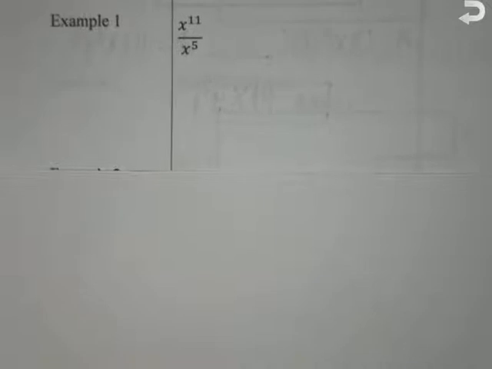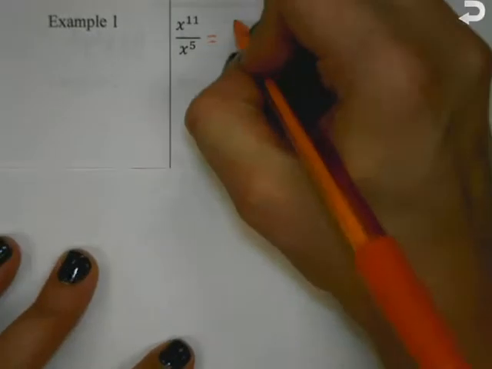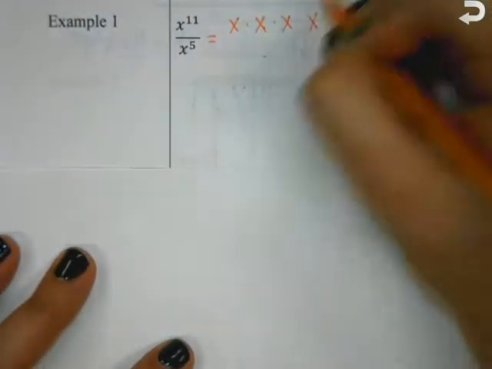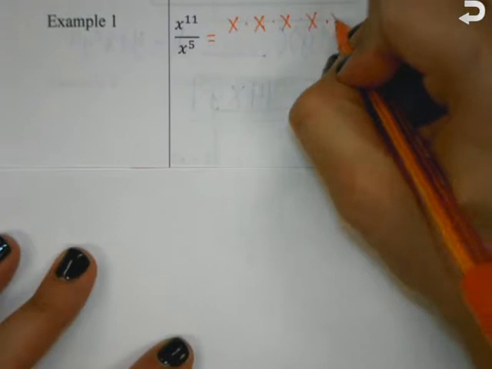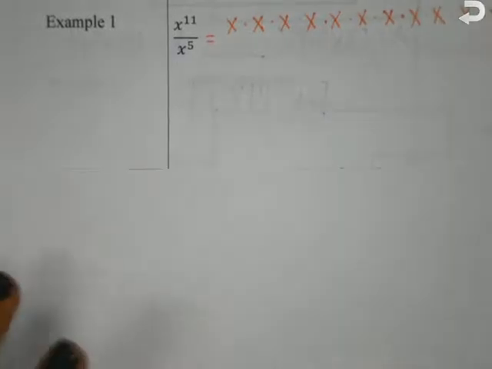Okay. We have x to the 11th power divided by x to the 5th power. Let's actually write the whole thing out. X to the 11th power is x times x times x times x. That's 1, 2, 3, 4, 5, 6, 7, 8, 9, 10, 11 x's, all on top being multiplied.